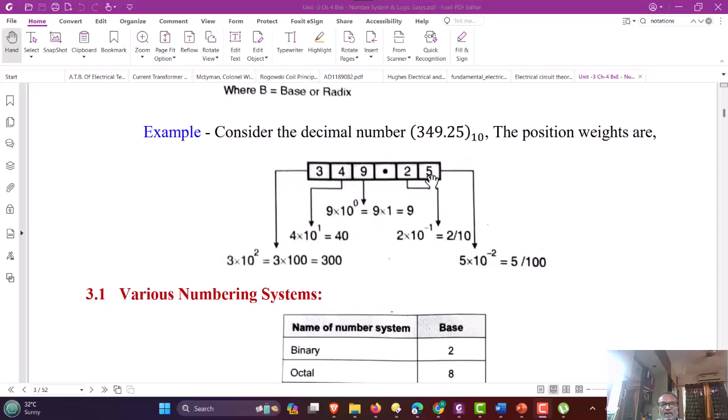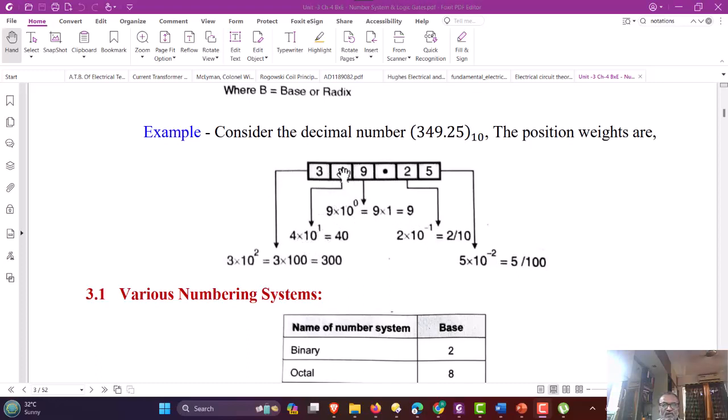Now, if you see this number and its corresponding weight, see the integer portion left to the decimal point. Now, this radix point becomes the decimal point. The zeroth position is 9, that is the unit position. So the digit will be multiplied by the weight of the position, that is 10 raised to 0. So the total weight of this first position is 9 into 1, that is 9. The second digit is 4 and the weight of the position is 10 raised to 1.